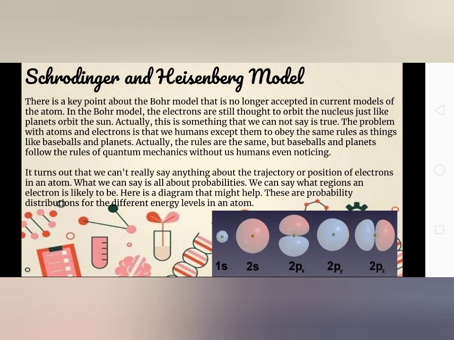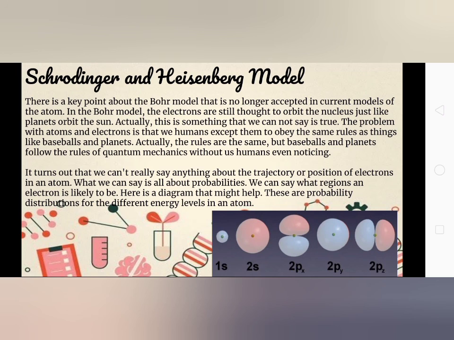The problem with atoms and electrons is that we humans expect them to obey the same rules as things like baseballs and planets. Actually, the rules are the same, but baseballs and planets follow the rules of quantum mechanics without us humans even noticing. It turns out that we can't really say anything about the trajectory or position of electrons in an atom. What we can say is all about probabilities.